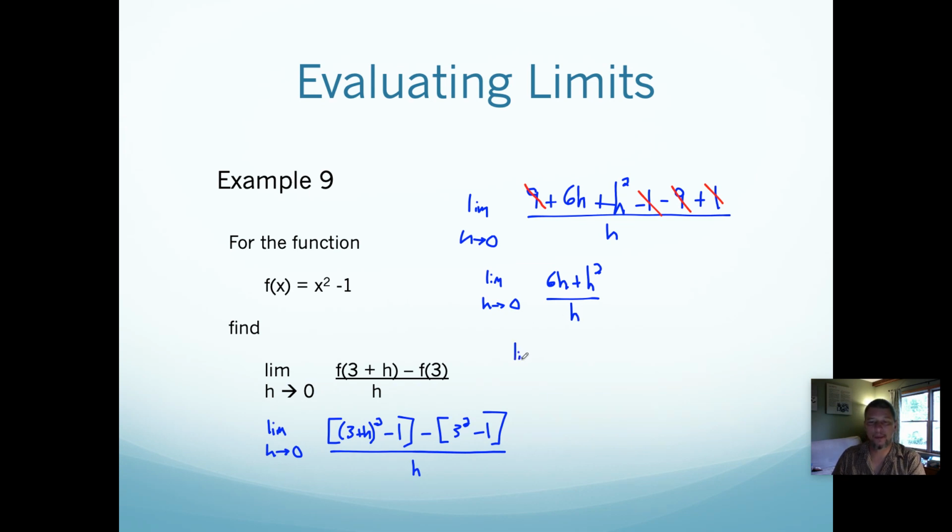And so this becomes the limit as h approaches 0 of 6 plus h. Well, now, if h approaches 0, then this is simply going to equal 6. And so my limit in this case is 6.